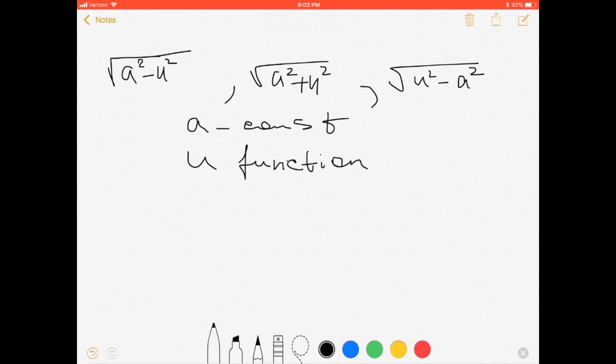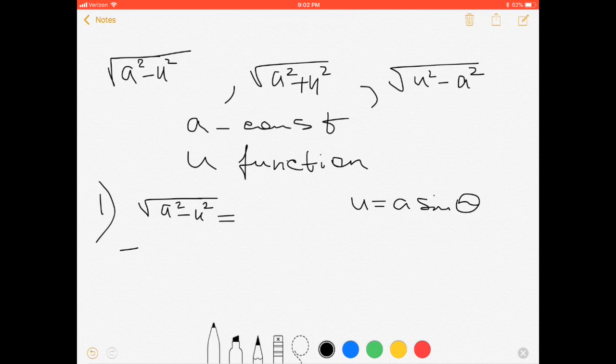Doing each example separately. First one, let's go, inside your integral you have square root of a square minus u square. Here we use substitution, u is a sine theta. Plug here, we have a square minus a square sine square theta.